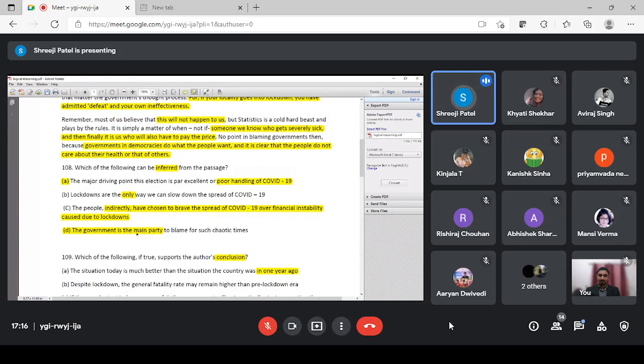Like, the government is the main party to blame. No, we can't blame the party. Therefore, the first option is what is closely related to the passage. Therefore, this is the option we can infer.